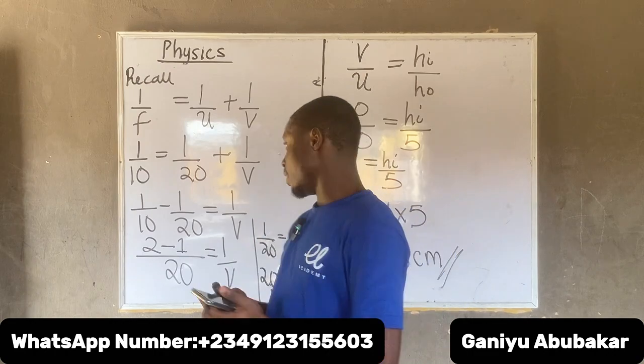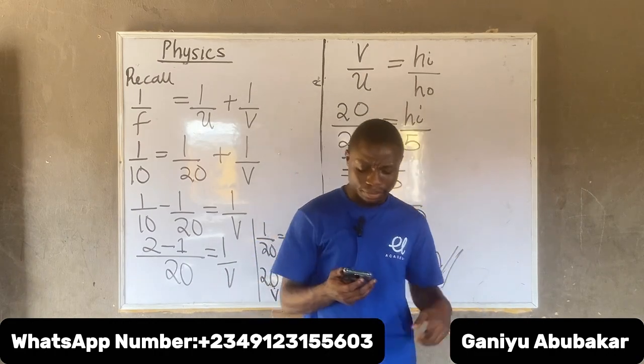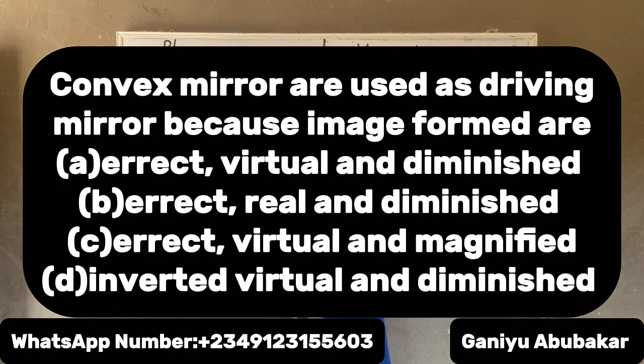Question 9 says: convex mirrors are used as driving mirrors because the image formed is: option A, erect, virtual and diminished; option B, erect, real and diminished; C, erect, virtual and magnified; D, inverted, virtual and diminished.